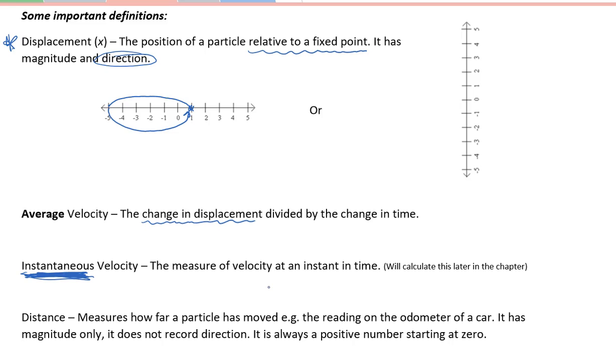So you'll see that. Distance is another term that we have to make sure that we've got defined. We defined displacement: it's got magnitude and direction, a position relative to a fixed position. Whereas distance is just how far the particle has moved. So in this last example, when we started at 1, went to -5 and came back, the displacement was 0, but the actual distance travelled is 12 units.